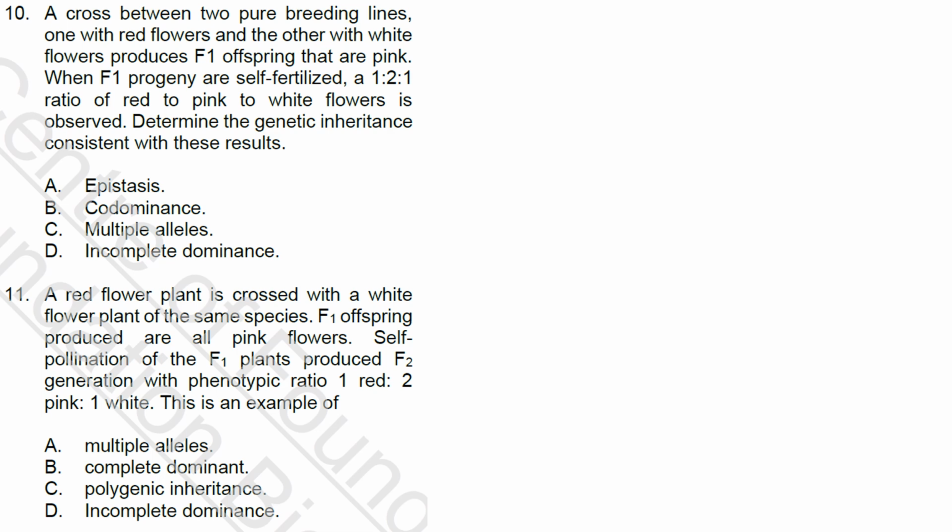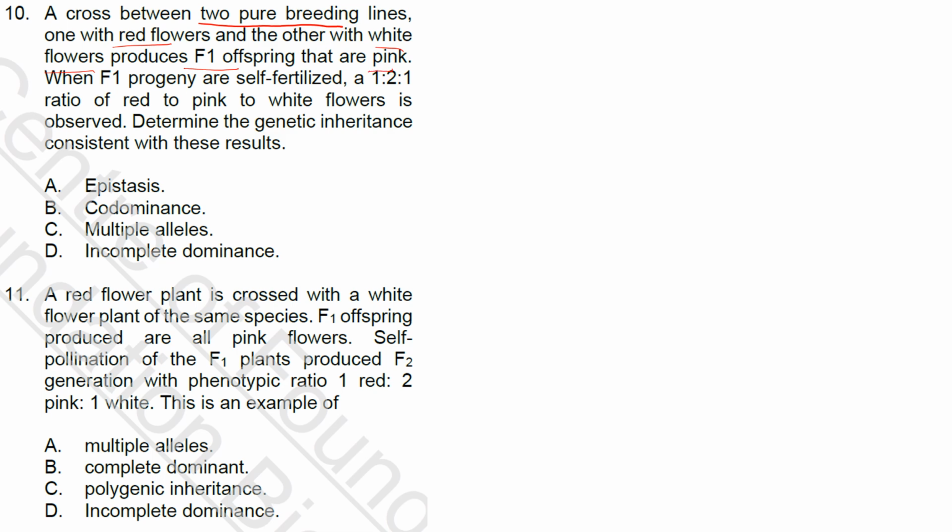Number 10, a cross between two pure breeding lines. Pure breeding lines mean that the parents are homozygous. It can be homozygous dominant or homozygous recessive. So a cross between two pure breeding lines, one with red flowers and the other with white flowers, produces F1 offspring that are pink.